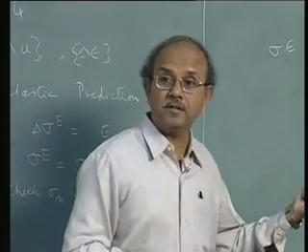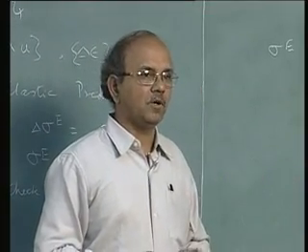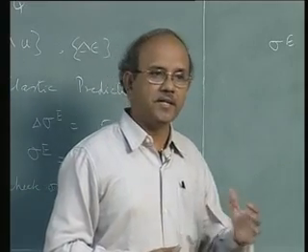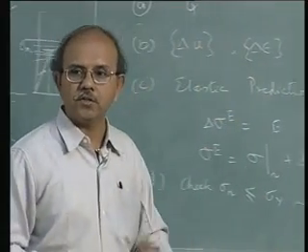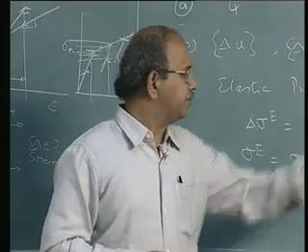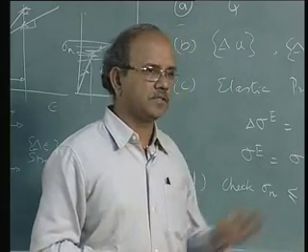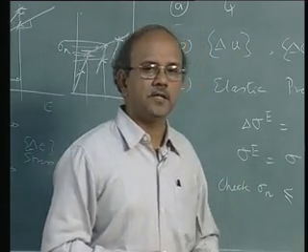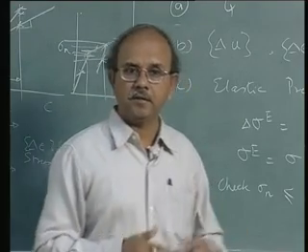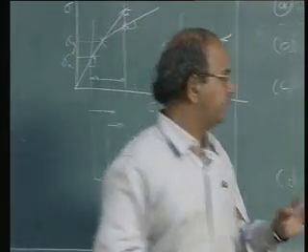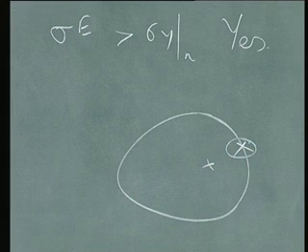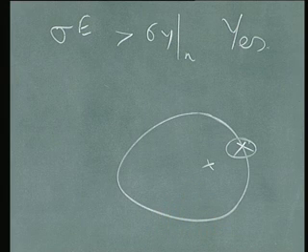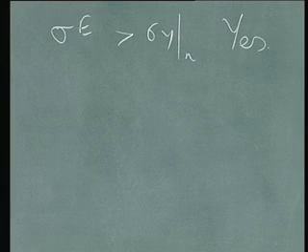We call this rate independent, and we call that rate dependent or viscoplasticity, where strain rates have an effect on the yield strength of the material and further behavior after the initial yield. In viscoplastic materials, the situation is slightly different. Let's not worry about it right now, but for the rate independent case we are considering, the state of stress at a point should lie on the yield surface. We'll come back to this, maybe after a couple of classes, maybe next class or after that.